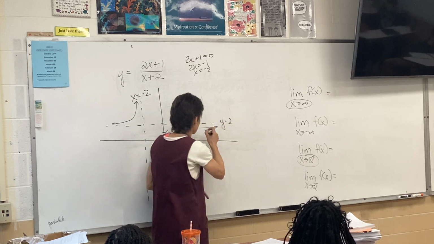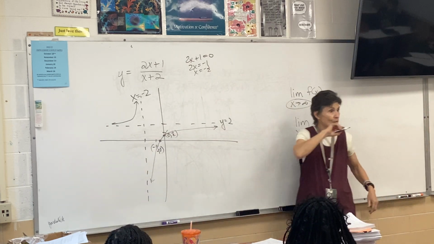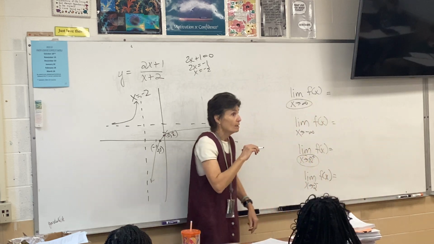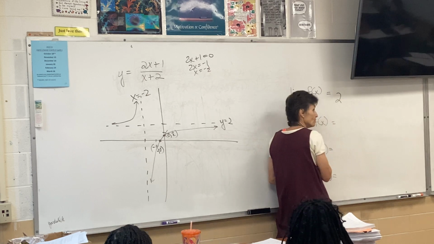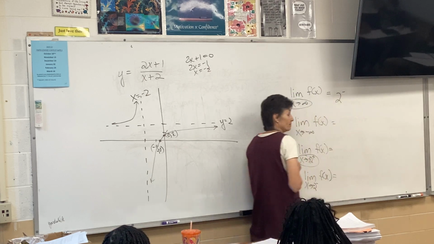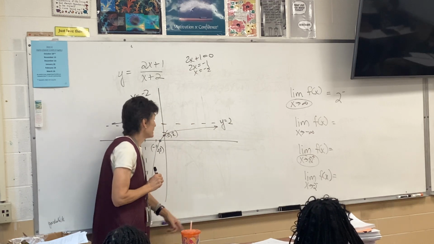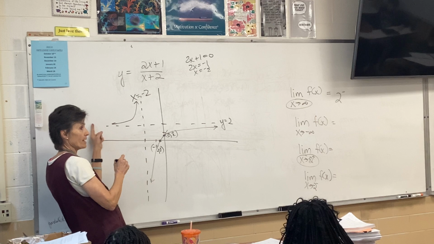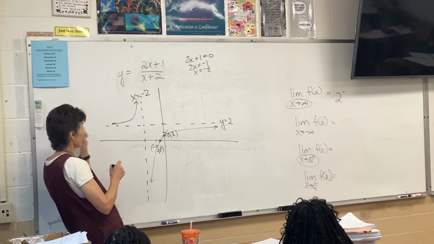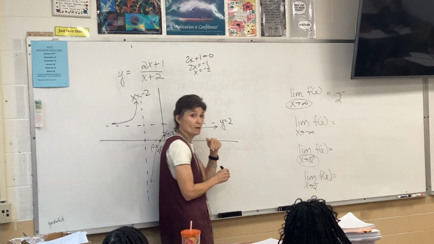This means keep going. What's happening if I keep going? I'm getting closer to 2 from the bottom. So we'll say I'm getting closer to 2 from the bottom. Now what about when I go right? Keep going this way, extend this arrow, keep going, going, going. What's happening? We're getting closer to 2 from the top.